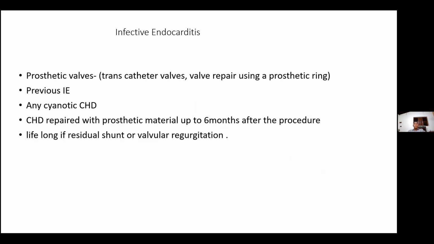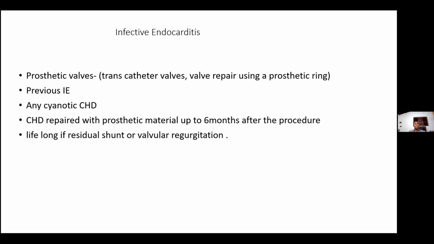The next presentation could be infective endocarditis. There is nothing to discuss, but you should know what the indications are where you have to give infective endocarditis prophylaxis. Nowadays, WHO has recommended following these important things as infective endocarditis prophylaxis.